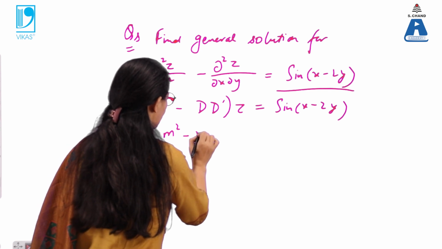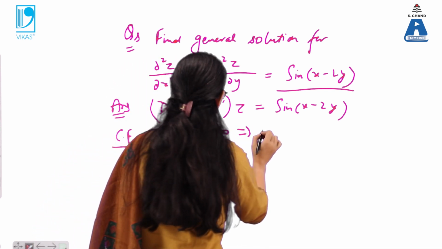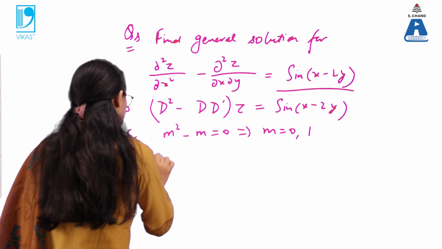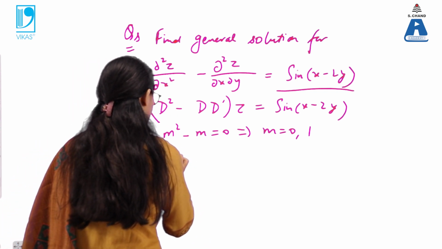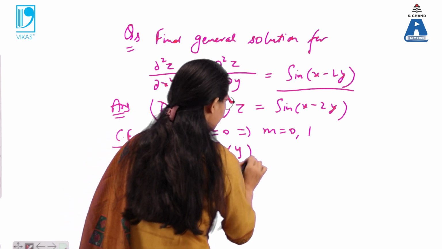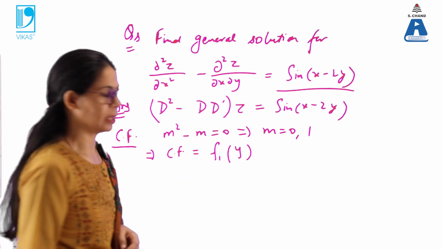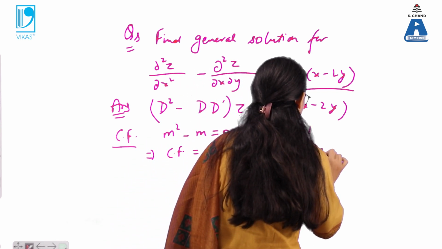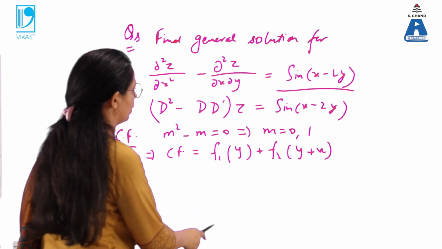So m is equal to 0 and 1. Therefore CF will be written as f1(y) plus f2(y plus x). So this will be the complementary function.